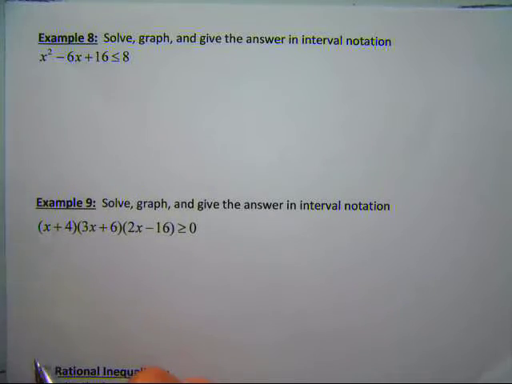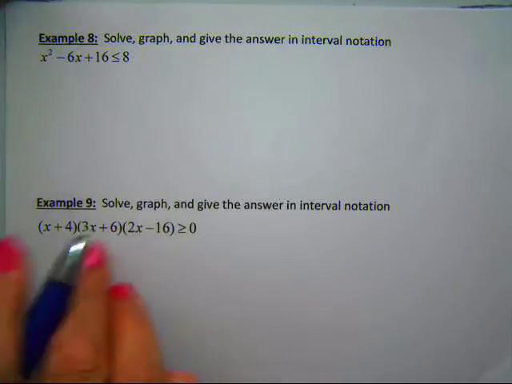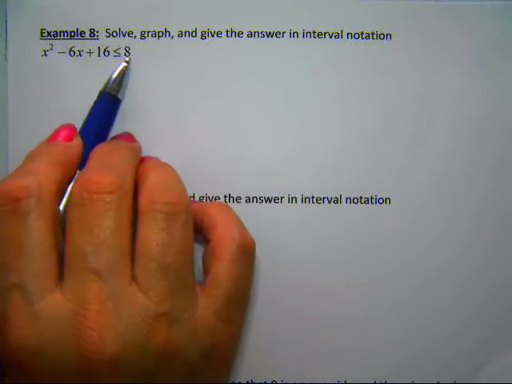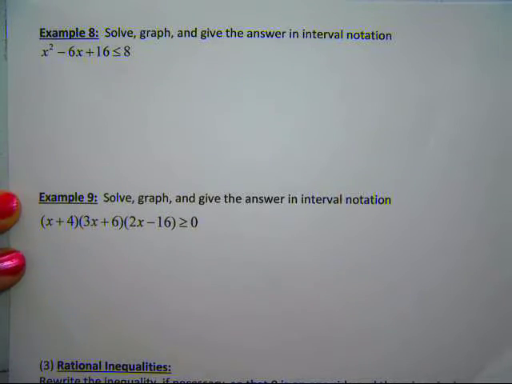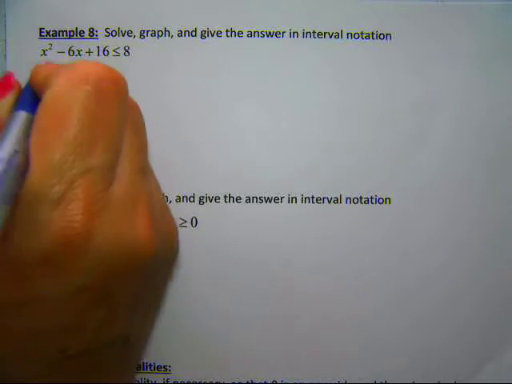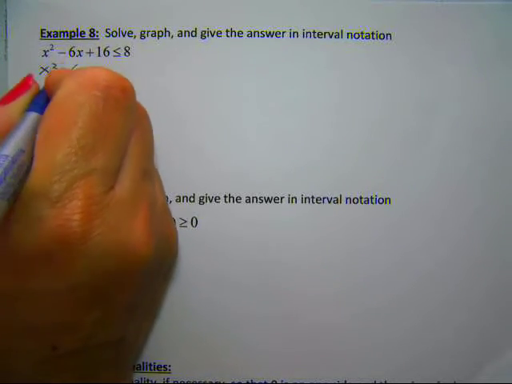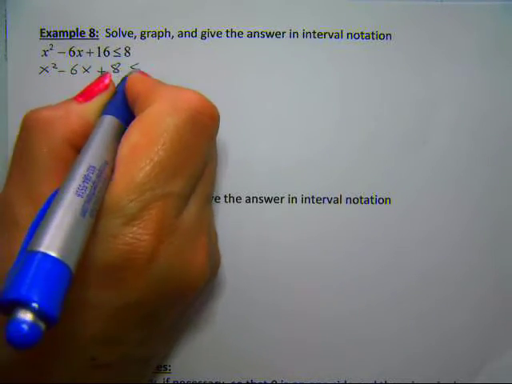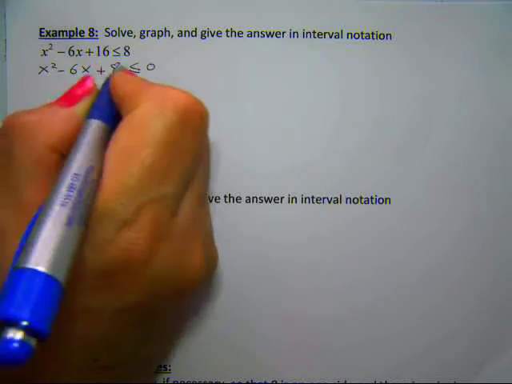So I am pausing because I feel like I want to say something before I do this problem. So let me go back and talk about this. The right hand side is not a 0. So be careful that the first step should be to subtract the 8 from both sides. Okay, so 16 minus 8 is 8.